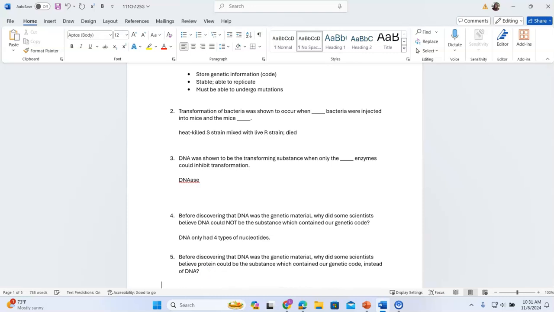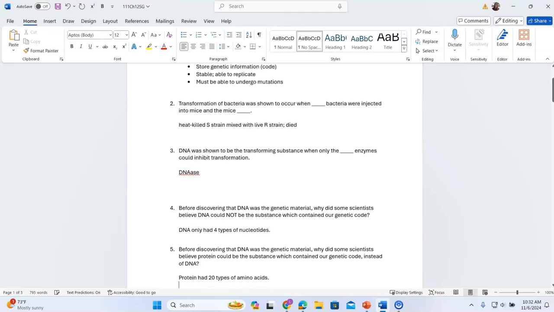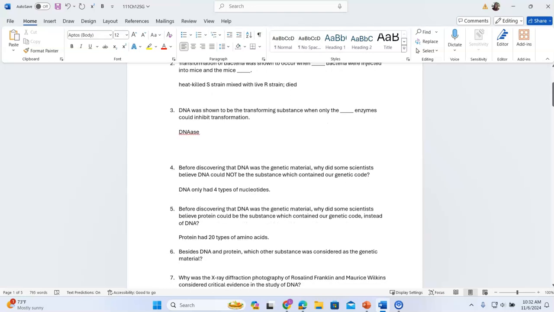And the next question continues with that whole idea. Before discovering that DNA was the genetic material, why did some scientists believe protein could be the substance which contained our genetic code instead of DNA? So DNA only had 4 types of nucleotides or building blocks, but protein had 20 types of amino acids or building blocks. So it seemed that proteins could hold more genetic information.